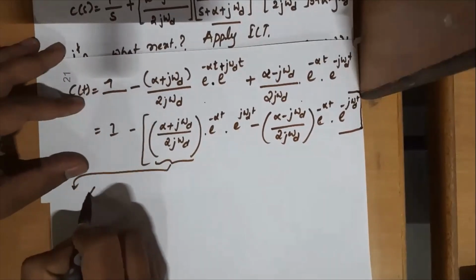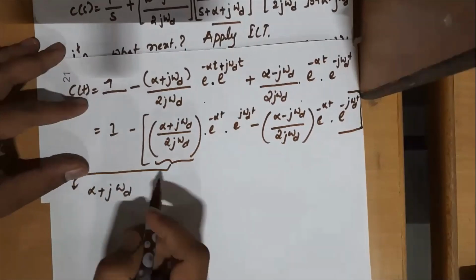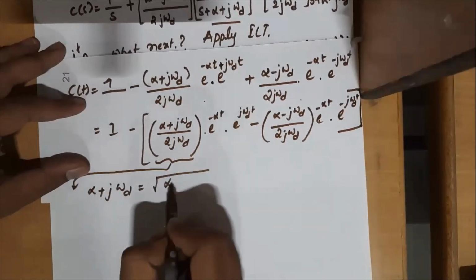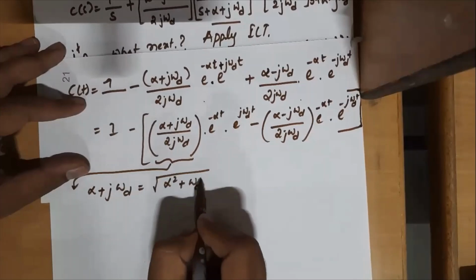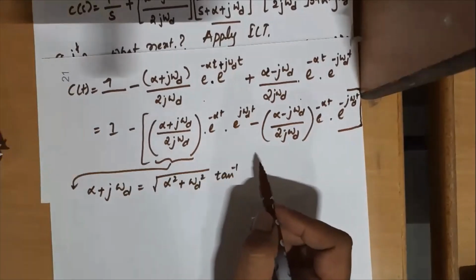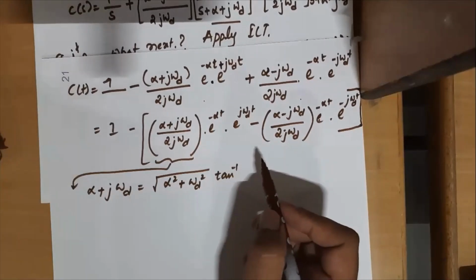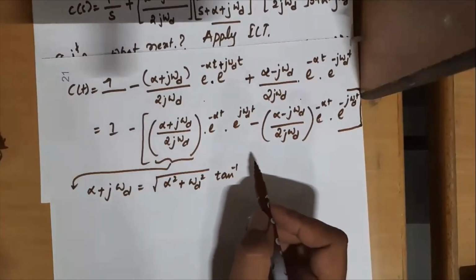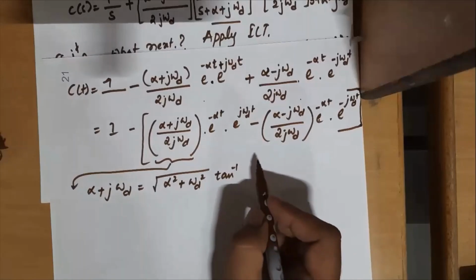So let us look for this first term, I mean the numerator of the first term. Alpha plus j omega d has a magnitude of square root of alpha square plus omega d square, and both are positive, so the phase angle is tan inverse of omega d by alpha.